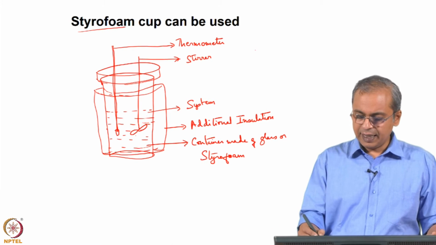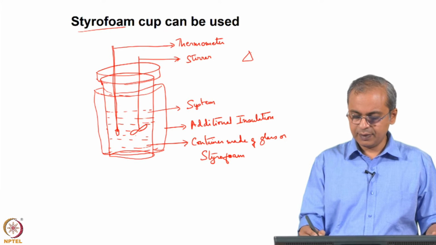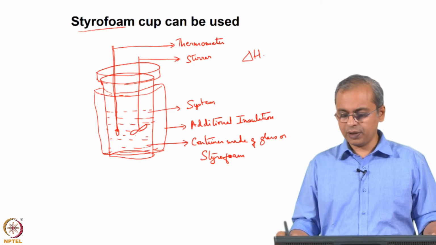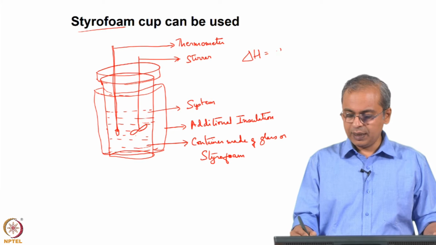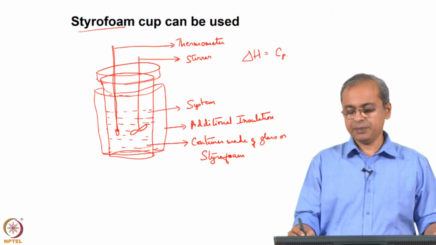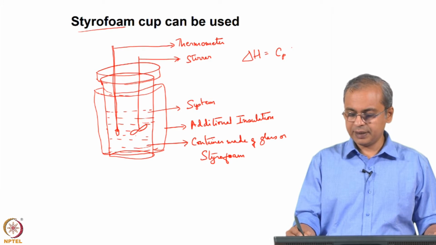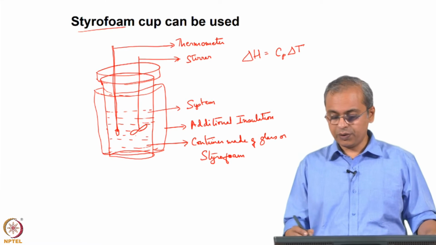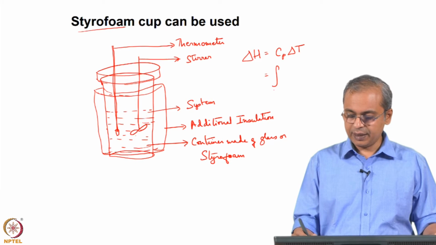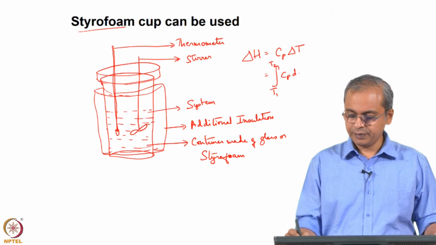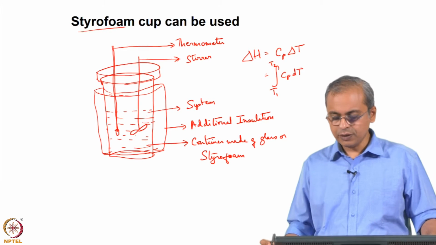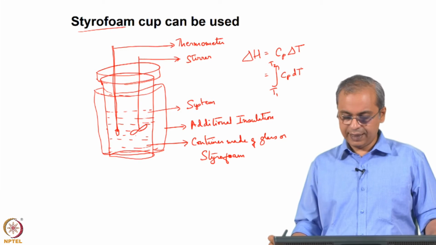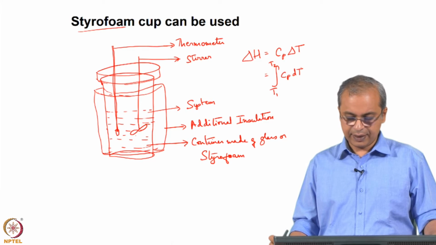So, you will have delta H associated with whatever is going on equal to Cp times delta T. In a more general sense, you can put an integral from T1 to T2 of Cp dT. So, this is basically what we have coming in a calorimeter.